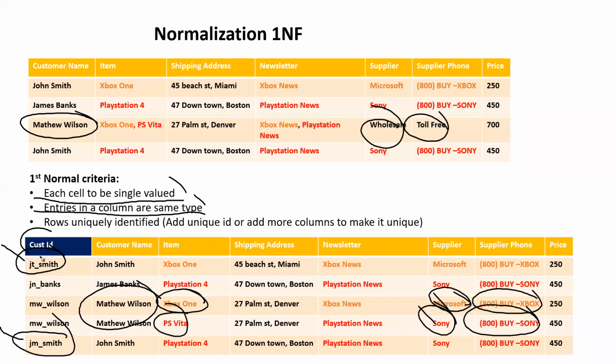So based on the customer ID, I can very well segregate the different customers, as each record is one customer. So I can very well say that this customer ID is nothing but my primary key. I'm making it a unique column. All right. So this is my first normal form.